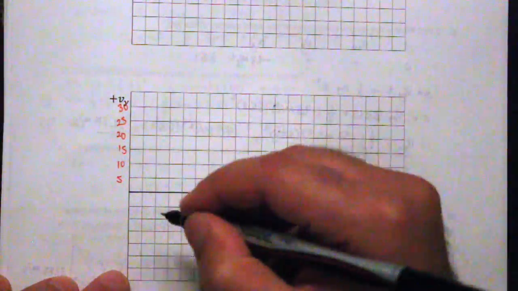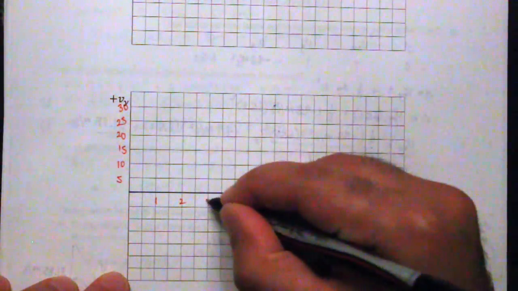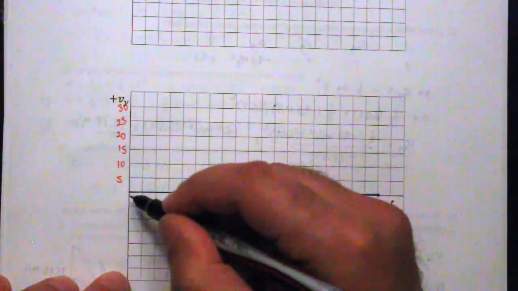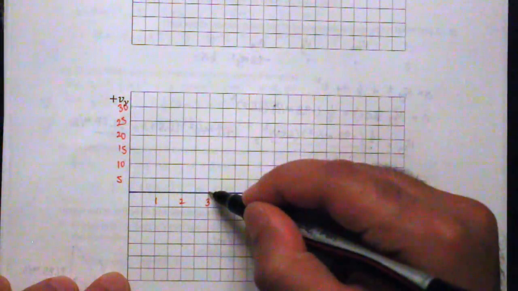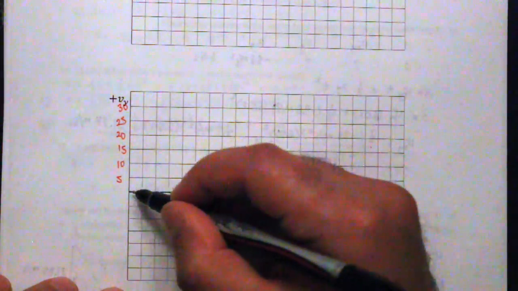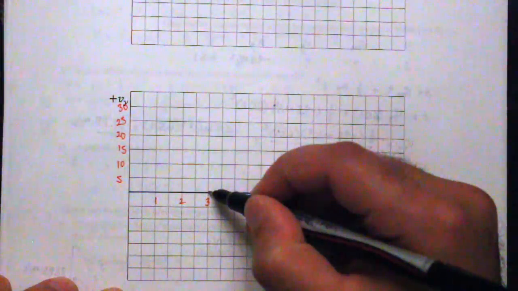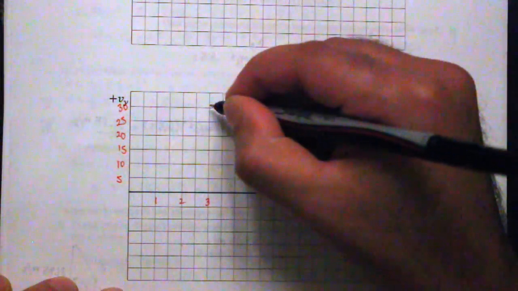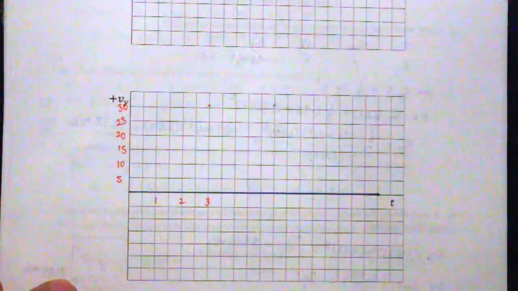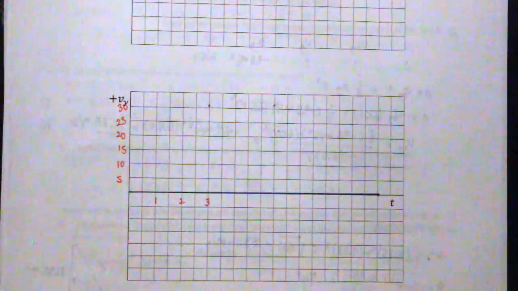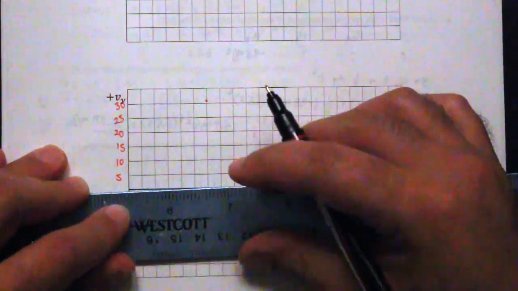And I know that for the first 3 seconds, the ball has no y velocity. So it's also going to be 0 for the first 3 seconds. And then it's going to be launched at 31 meters per second.